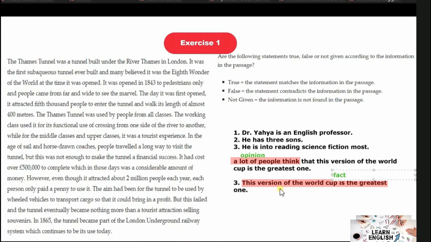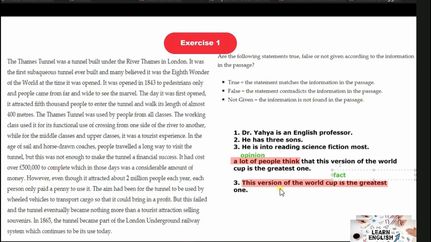I mean that once the World Cup finished and they brought the statistics that may verify that this version is the greatest one, the question takes the form of fact, right? So now, are facts the same as opinion, or are they the opposite?